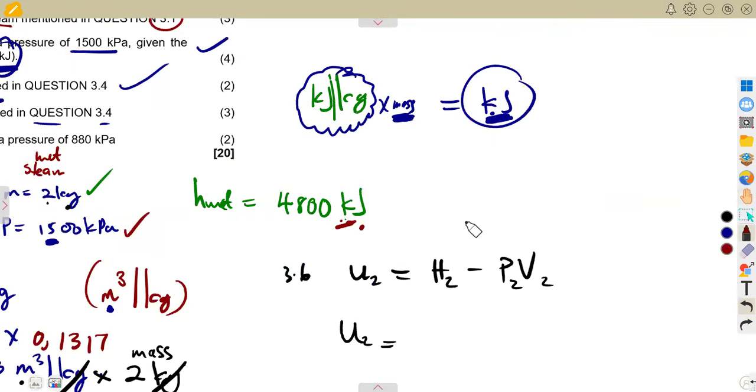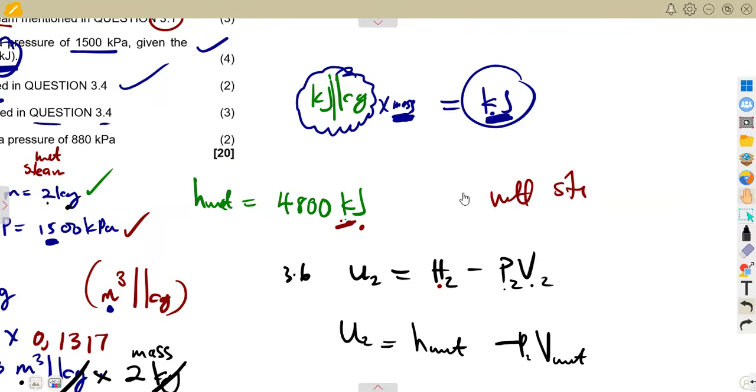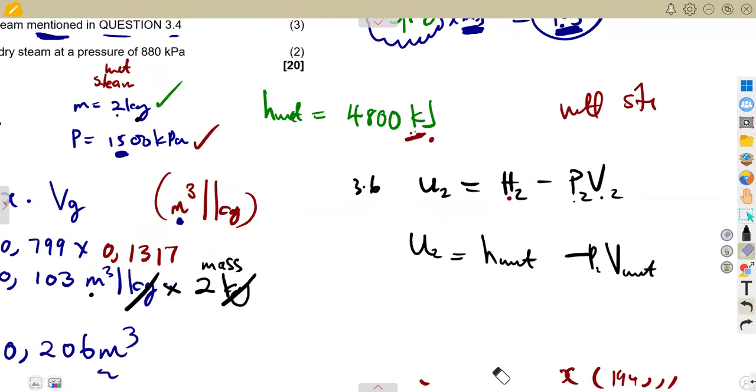So if we are working with the wet steam, this must be H wet. So the formula can be manipulated as H wet minus P, the pressure at the second condition, times V wet. So this is P2 times V wet. As you can see, the language differs a little, but it's the same thing. When it is wet, what is the internal energy? That's it.